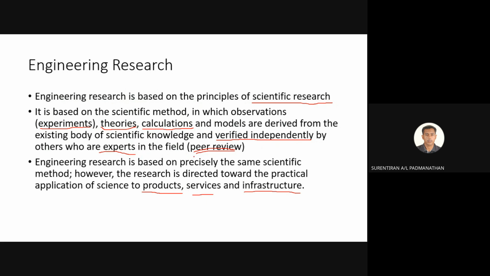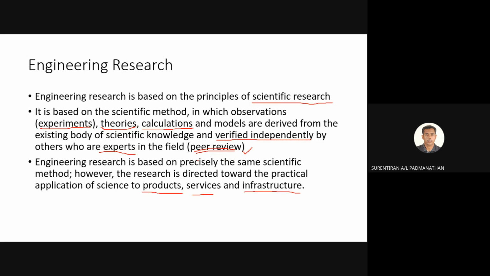experts in the field. So when you write a paper, you'll be submitting your papers to conferences and journals, right? When you submit to a journal, it will be reviewed by the experts in the field. The paper has to be reviewed by the scientific community so that they can see whether this project is acceptable or not.